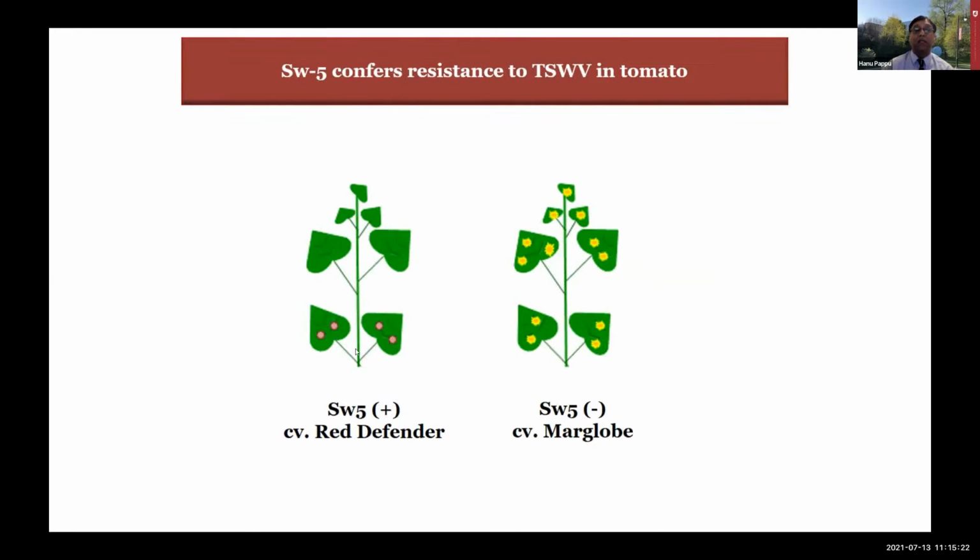In a resistant variety, the virus is confined to only the inoculated or infected leaf, whereas in a typical susceptible variety, the virus spreads to the rest of the plant and becomes systemic. So we have a very nice system to study not only the virus movement, but also the host response in an inoculated leaf versus a newly emerging uninoculated leaf that started showing infection and symptoms.